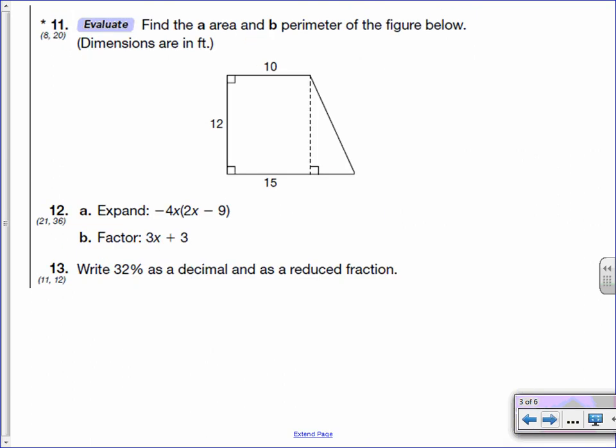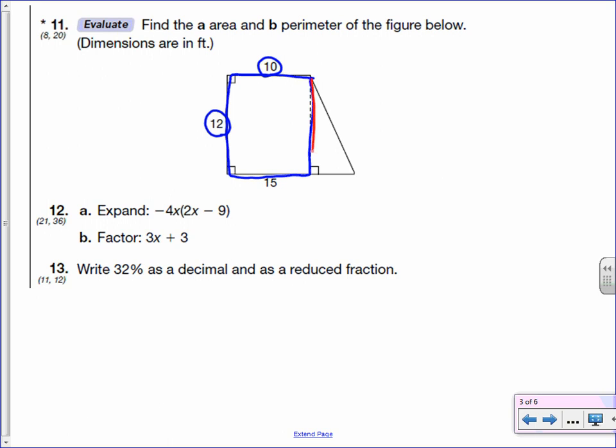Find the area and perimeter of the figure below. We need to divide this into shapes that we know how to find the area of. The first shape is a rectangle, and this rectangle's dimensions are 10 by 12. The 15 applies to the entire length across the bottom.